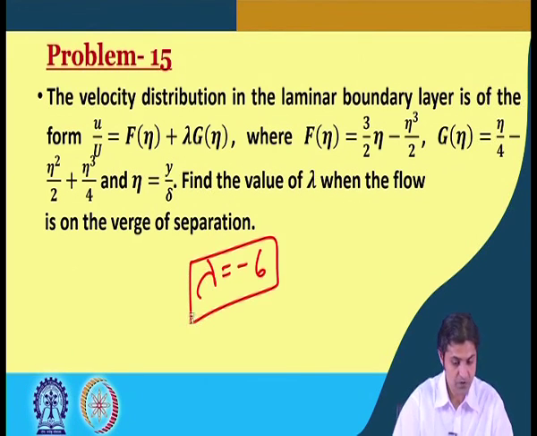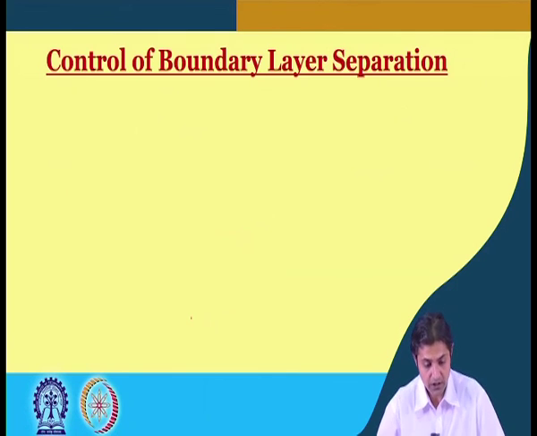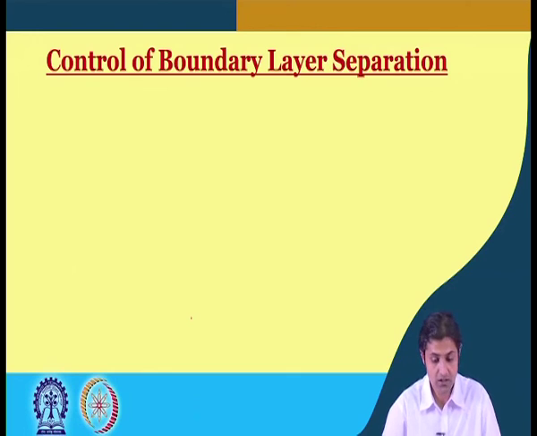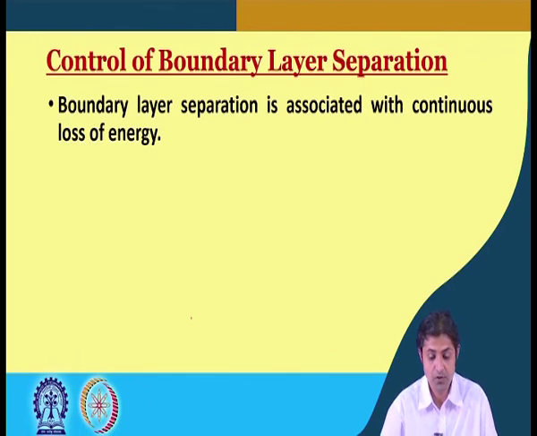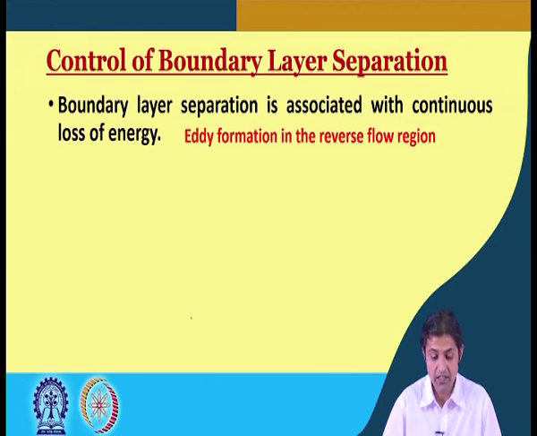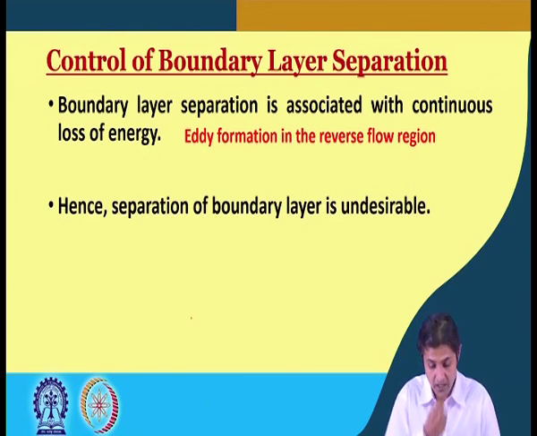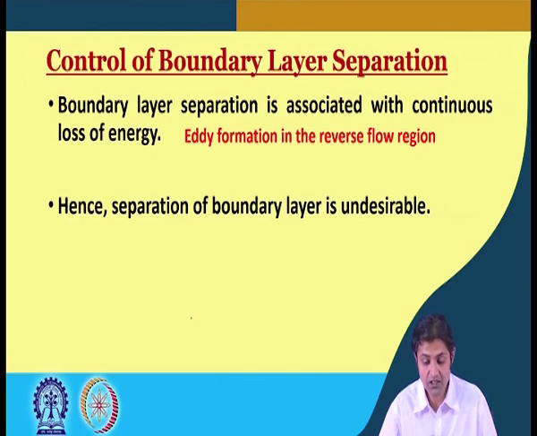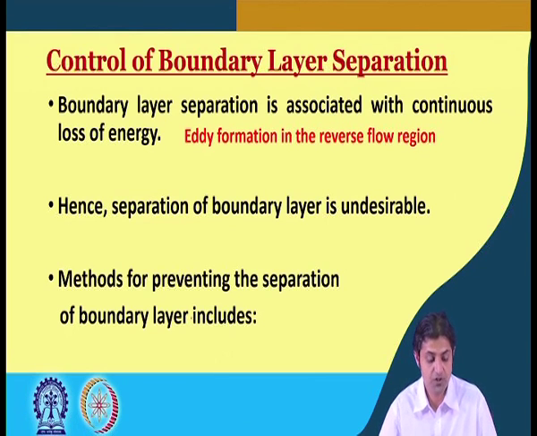All right. So now the control of boundary layer separation, we are proceeding towards the end. How can this boundary layer separation be controlled? Boundary layer separation is associated with continuous loss of energy, that means eddy formation is there in the reverse flow region. Hence separation of the boundary layer is undesirable, and therefore it needs to be stopped.